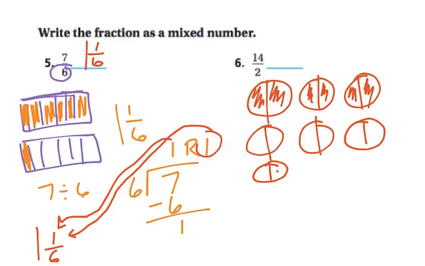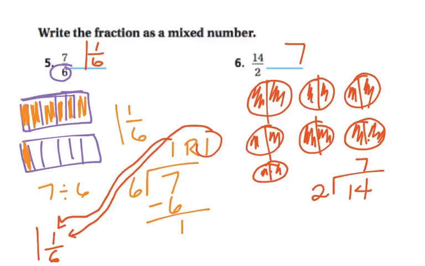So you would have all of these halves filled in. And once I fill in all of these halves, let's see how I can represent what I have. Well, that's 1 whole, 2 wholes, 3 wholes, 4 wholes, 5 wholes, 6 wholes, 7 wholes. It would simply be 7 wholes. And when you did your division, you were seeing how many times 2 goes into 14.